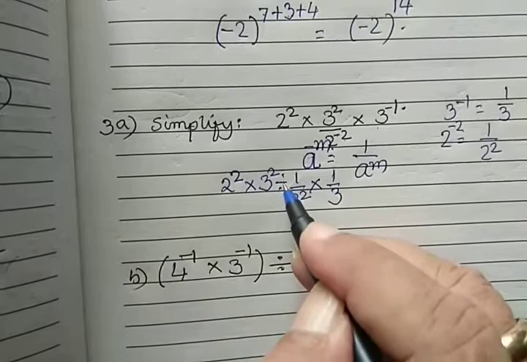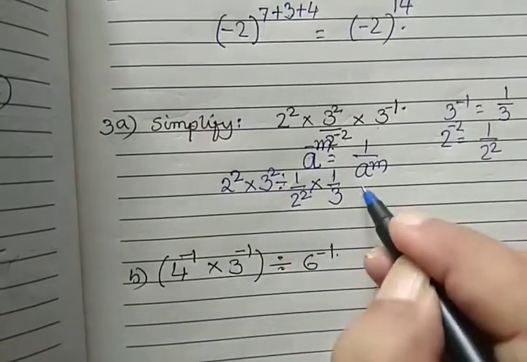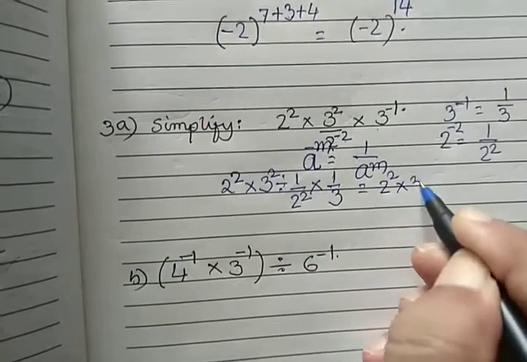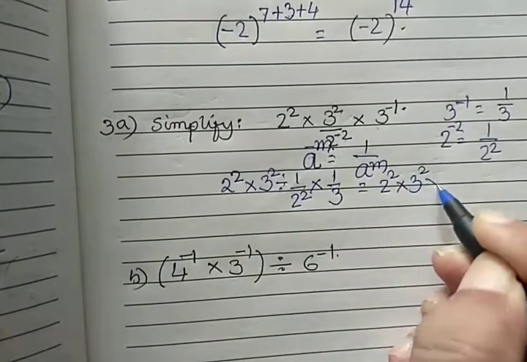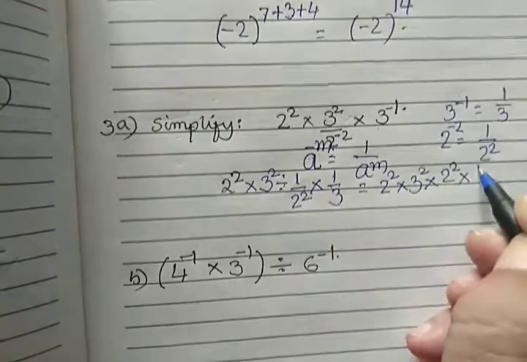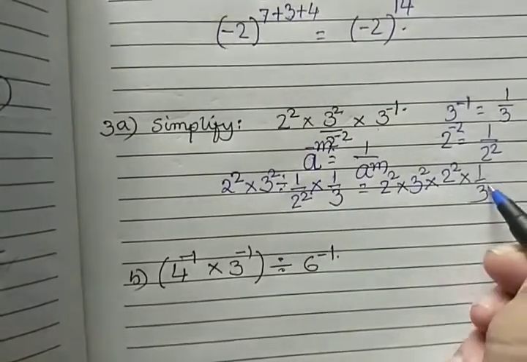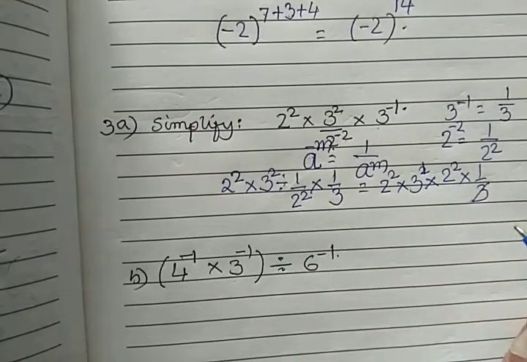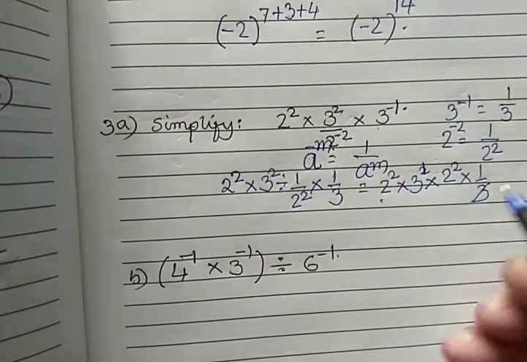Let us change this divide by into multiplication. 2 square into 3 square into 2 square into 1 by 3. This 3 and this power cancels. So 2 square into 2 square.